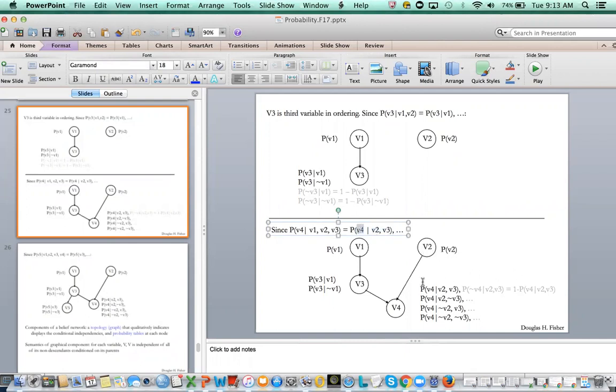And again, this allows me to reduce the number of probabilities. I do have to represent these 4 conditional probabilities that are in dark font, but I can compute the rest as 1 minus each of those probabilities to get the probabilities of not V4 given the conditioning information.